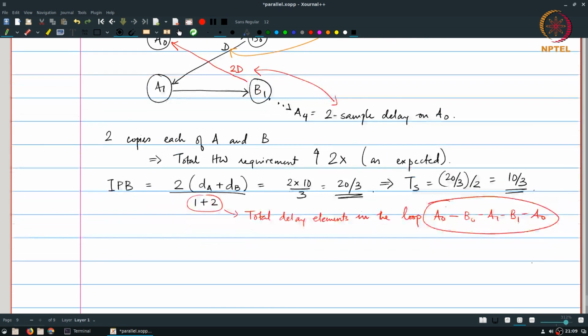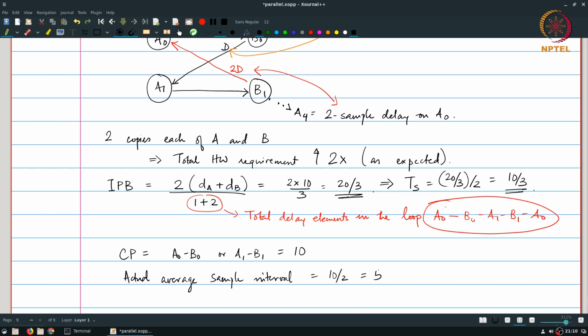What is the practical sampling period? The critical path in this case is of course equal to A0 to B0 or A1 to B1, which is 10, which means that the actual average sampling interval is going to be equal to 10 divided by 2 or 5, which is closer to 10 by 3 than the original best, which was 10 itself, but has still not done the best possible.